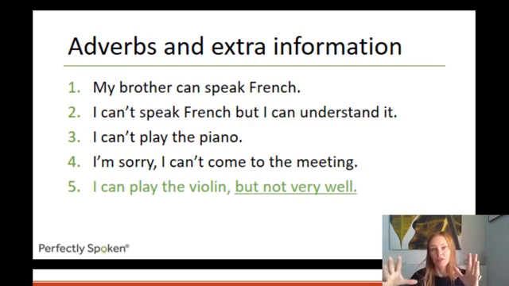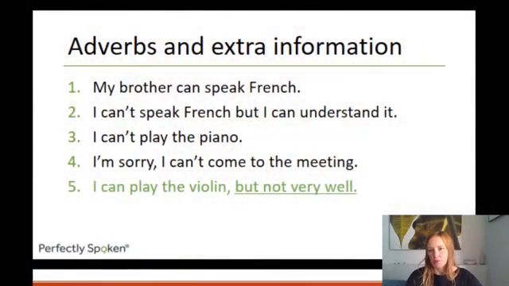So it's like an expression, and we use this a lot when we're talking about abilities, because normally it's not simply a case of I can swim, I can't swim, I can speak French, I can't speak French. No, we like to give extra information. It's fantastic to give extra information to make your English more complex, more fluent.